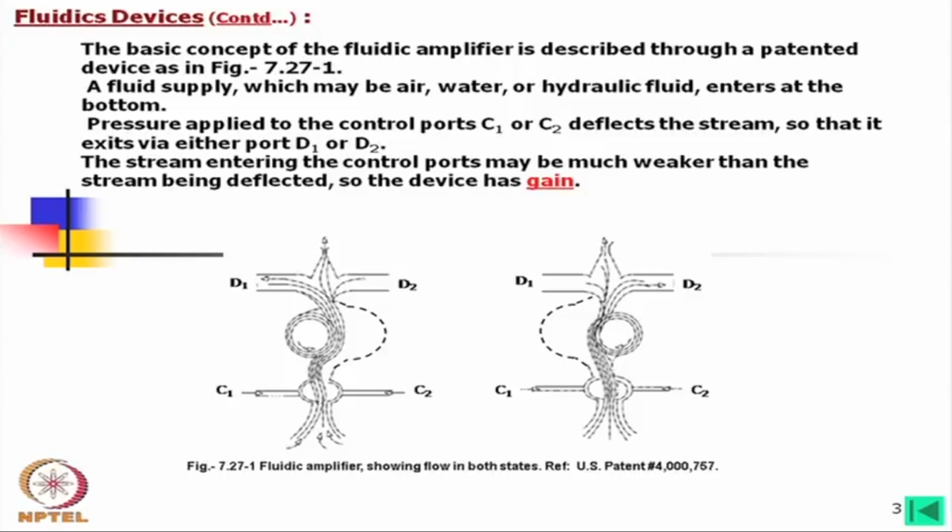So, the device has gain. This means that by a small force we are deflecting a relatively larger force, and we get output through this larger force. Therefore, we call it gain, as used in electrical, fluid and any control field.